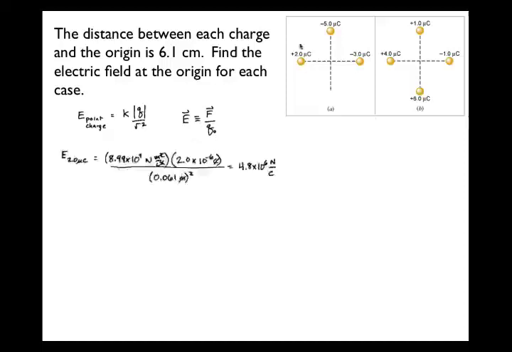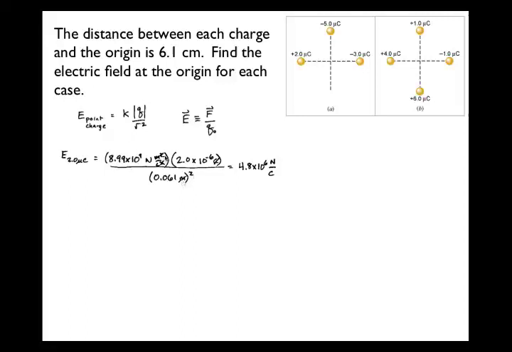So I'm just going to choose situation A because it only has 3 calculations to do rather than situation B, which would require 4. So the electric field from the 2 microcoulomb charge would be 8.99 times 10 to the 9th newton meters squared over coulomb squared, times the amount of charge, so that's 2 times 10 to the minus 6 coulombs, divided by, let's see, it's 6.1 centimeters, so that's 0.061 meters, all squared.